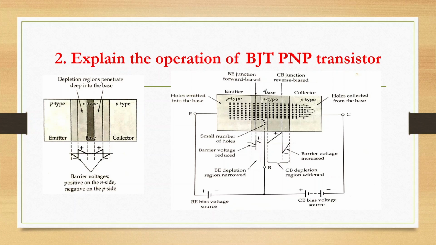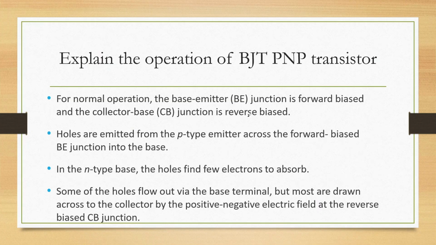Here also the base emitter junction will be forward biased and the collector base junction will be reverse biased. So for normal operation, that will be the common thing: base emitter junction forward biased and collector base junction reverse biased.